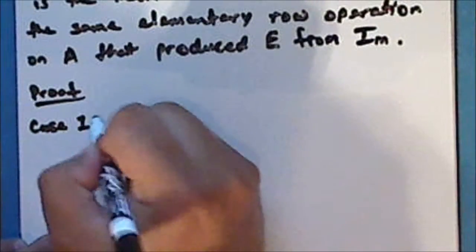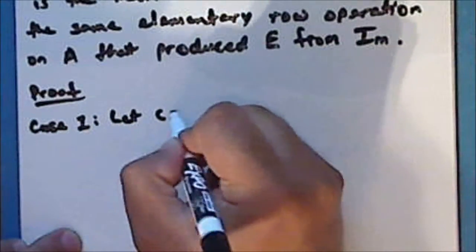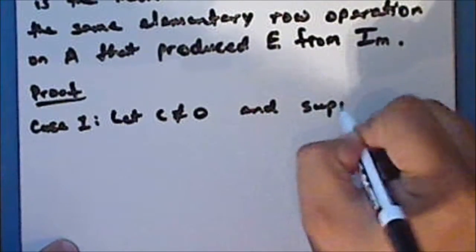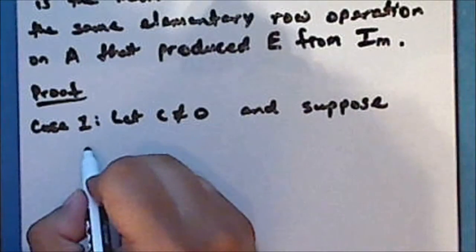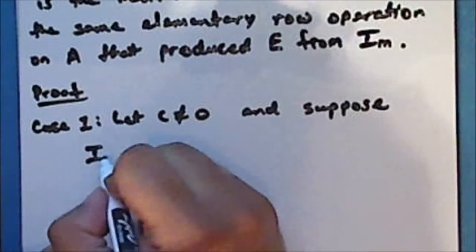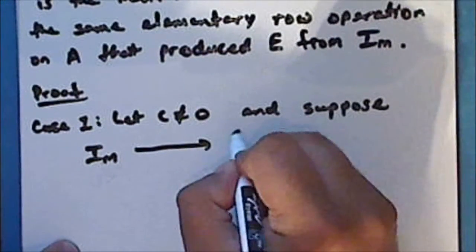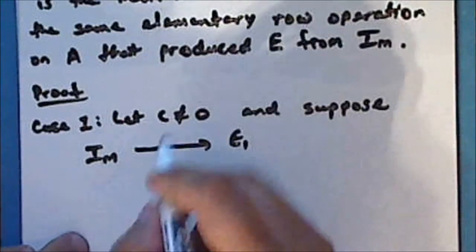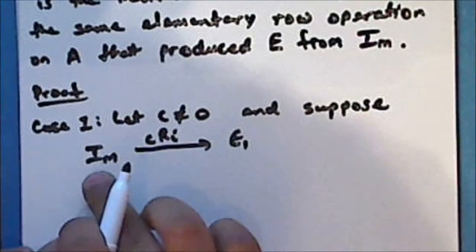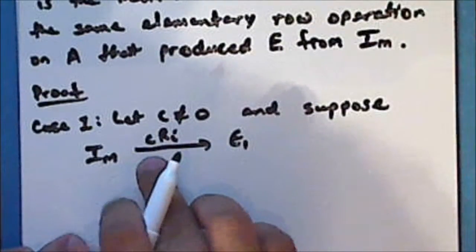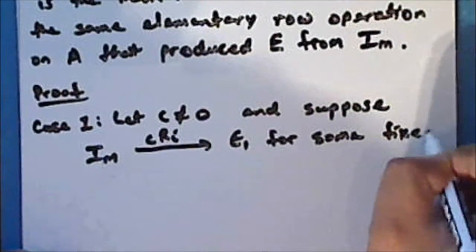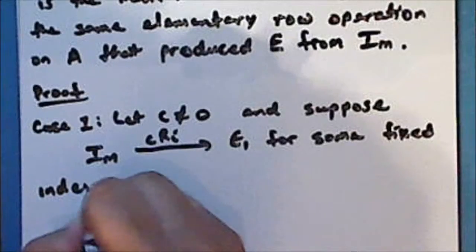So case 1, let C be a non-zero constant, and suppose that the elementary matrix E sub 1 is produced by multiplying the ith row of the identity matrix by the non-zero constant C for some fixed index I.